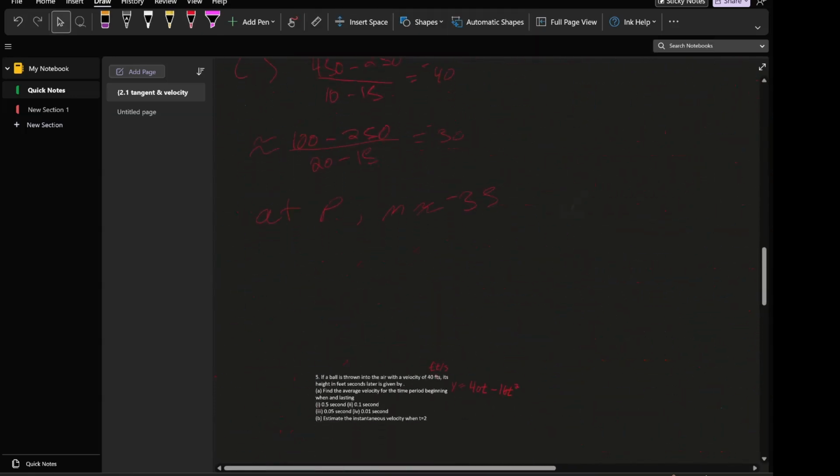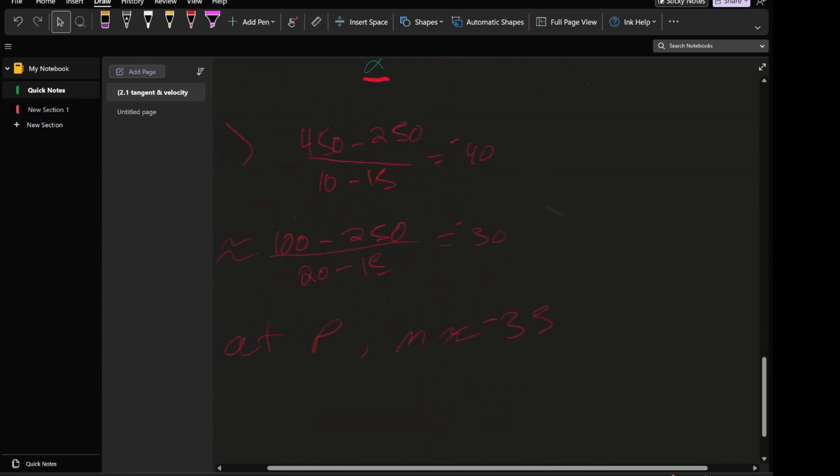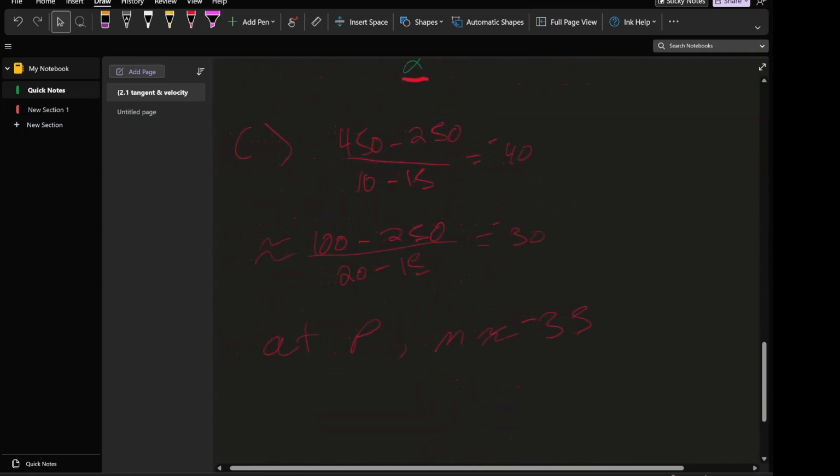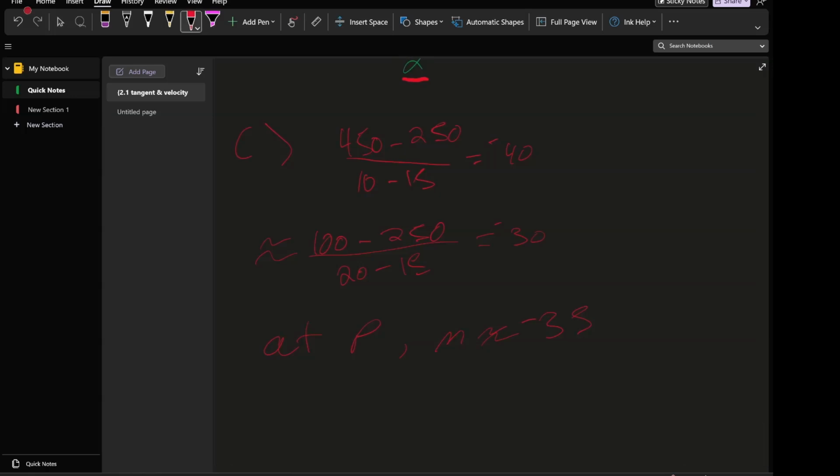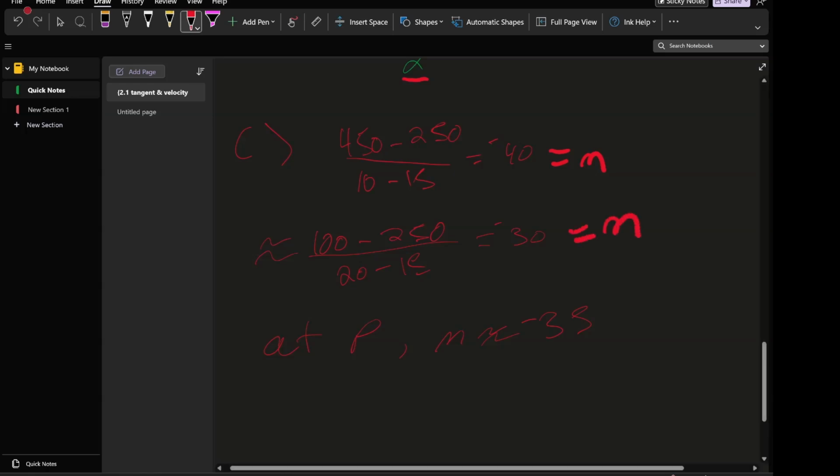And I evaluated as you would in part A, 450 gallons minus 250 over 10 minutes minus 15 minutes. You get negative 40 is equal to your slope. And 100 minus 250 over 20 minus 15, you get negative 30 is equal to your slope.